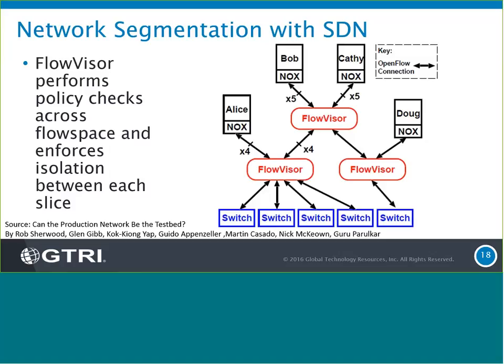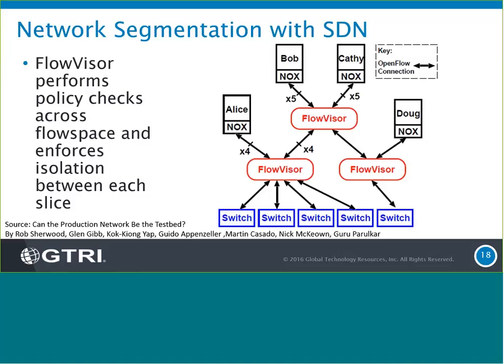So let's say I want one type of controller to handle traffic going across my network for all of the 10.0.0.0/8 IPv4 addresses. Or I want to have another controller controlling the 172.16 address space.